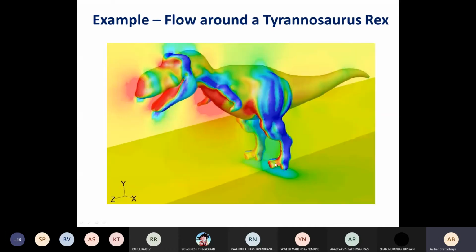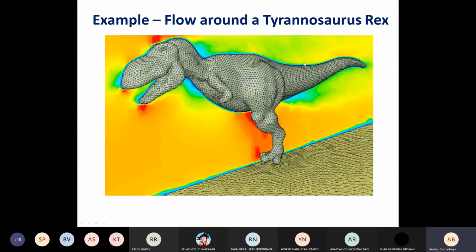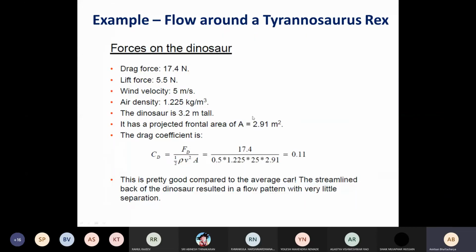For this case, the drag was very low because of the streamlined nature of the dinosaur. Because it has a very streamlined body, the drag coefficient is interestingly very low. In other types of animals, it can be quite high. This just shows you again what the steps are and how to take the boundaries for a more complex situation.